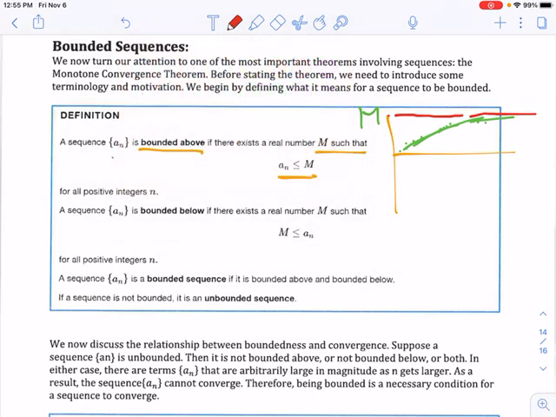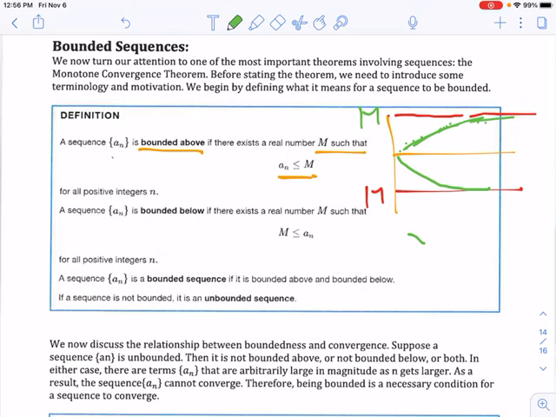Likewise, we could have a lower bound, right? If m is down here and the function is getting closer and closer, but will never go beyond that. It could be equal to it, but it will never go beyond that. Then it is a lower bound.